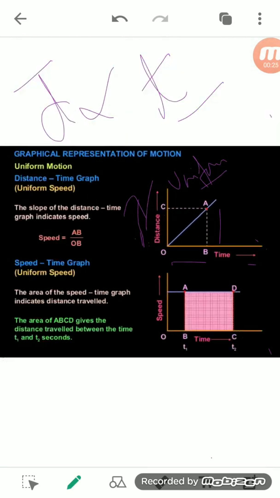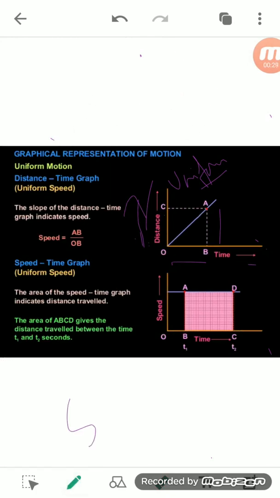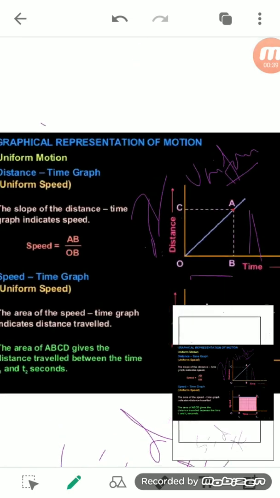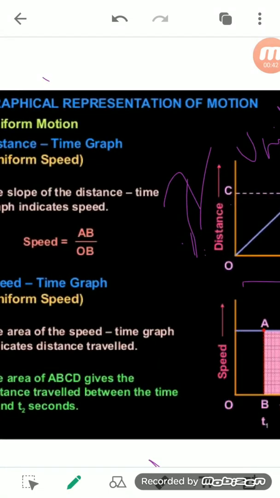So we know the formula: speed is equal to distance upon time. Here the distance is AB and the time is OB. So we can represent it as speed equals AB upon OB. Okay.